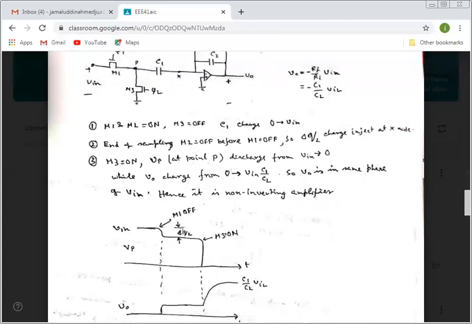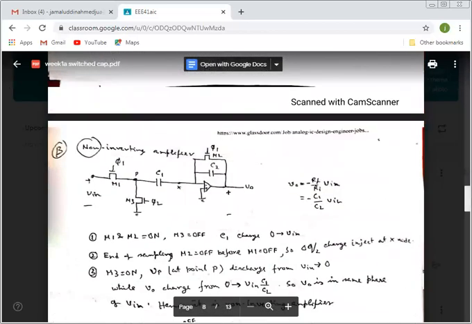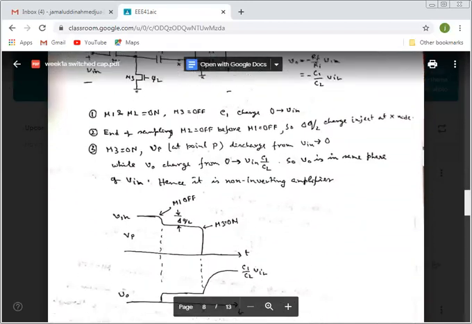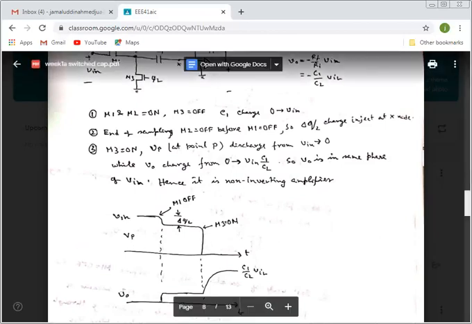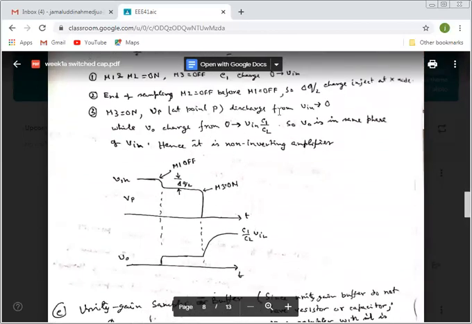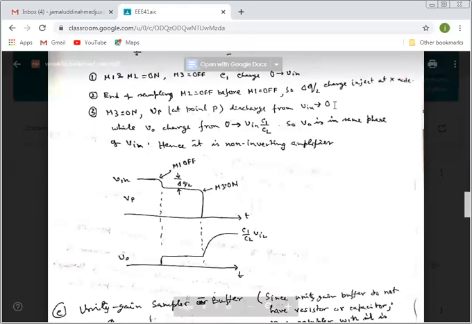This charge went to the capacitor C. And when we open M3, the charge from P discharges to the ground. So Vp becomes 0, which means the point P is going from Vin to 0.